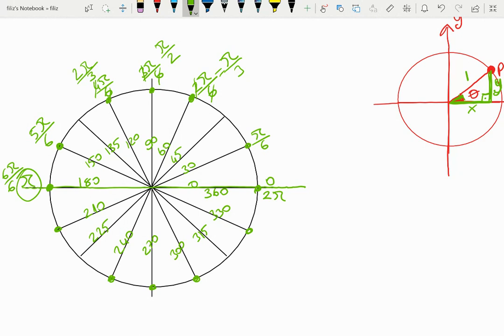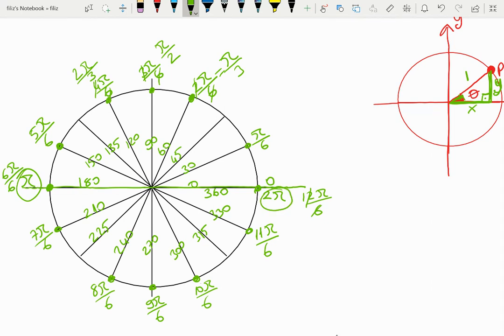So where we left 6 pi over 6, 7 pi over 6, 8 pi over 6, 9 pi over 6, 10 pi over 6, 11 pi over 6, 12 pi over 6, which is 2 pi.